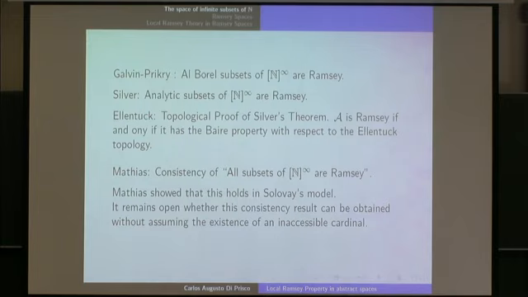And in this paper he shows that this property, all subsets of the space are Ramsey, holds in Solovay's model obtained by collapsing an inaccessible cardinal and then looking at the definable sets within that extension. As far as I know, it remains open whether this consistency can be obtained without assuming the existence of inaccessible cardinals.